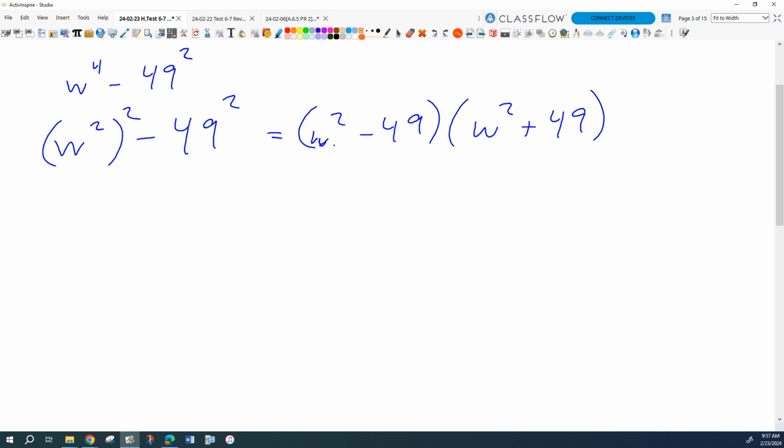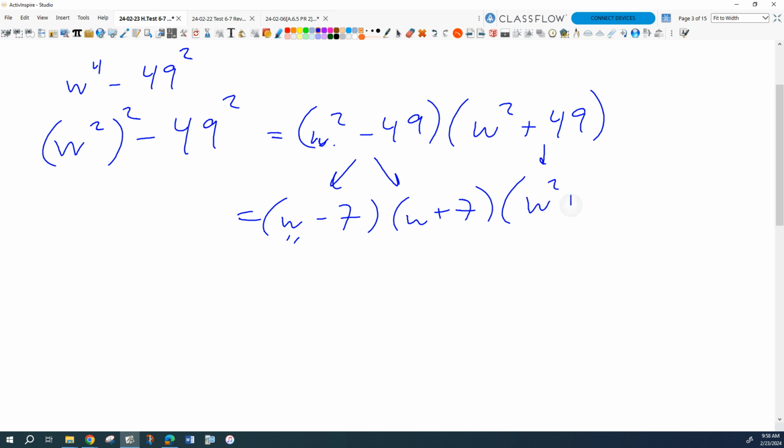This guy can't. Can this guy go further? No. Good. So this one splits apart into what? Good. And because this is a sum of squares, there's no pattern. So that one doesn't. Okay, so far, so good.